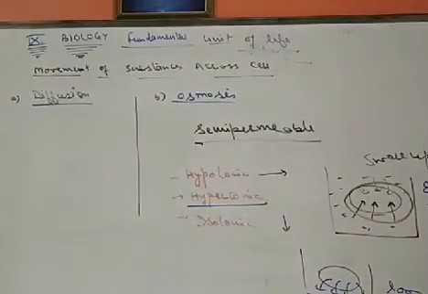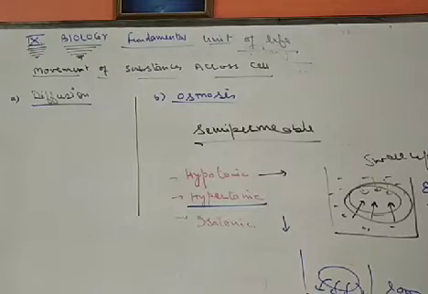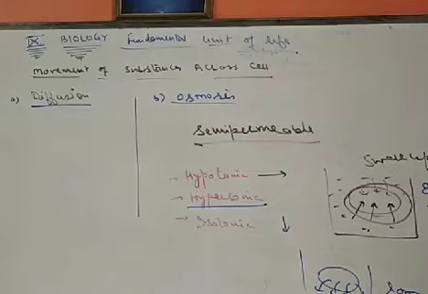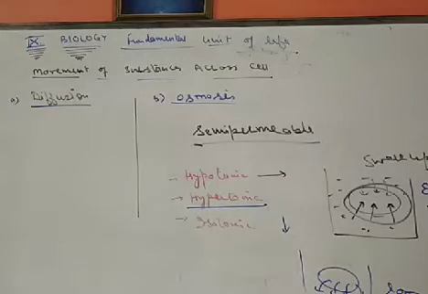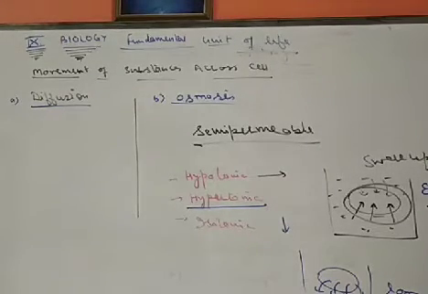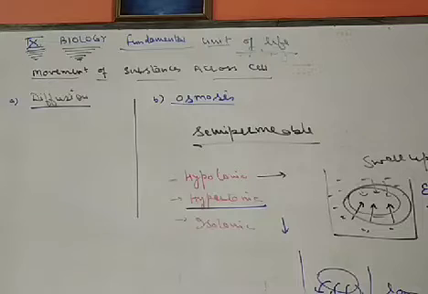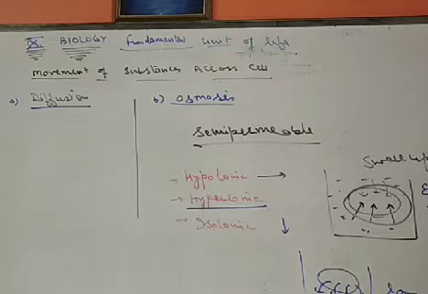This type of solution is called a hypertonic solution. I repeat, first, hypotonic solution. It is a dilute solution which has an osmotic concentration lower than that of another solution. Then we come to hypertonic solution. It is a concentrated solution which has an osmotic concentration higher than that of another solution.